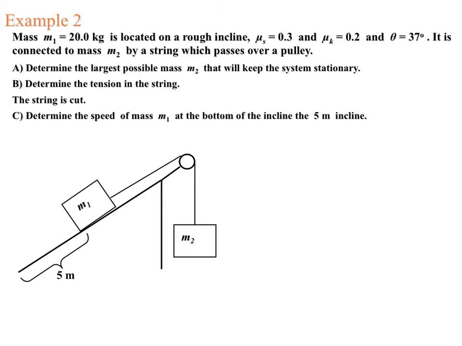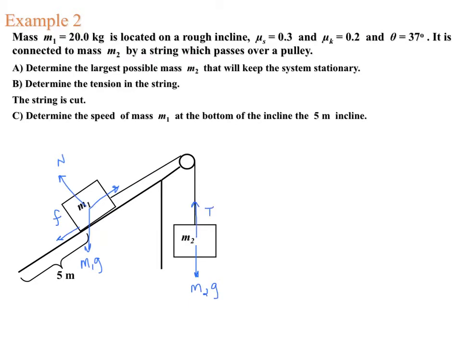So if I'm just looking at my system, I want to draw my free body diagram. So I have M1g go downwards, tension go up, normal force is perpendicular, and friction will be going down our ramp. Here we have our second object with a gravitational force and tension going up the ramp.